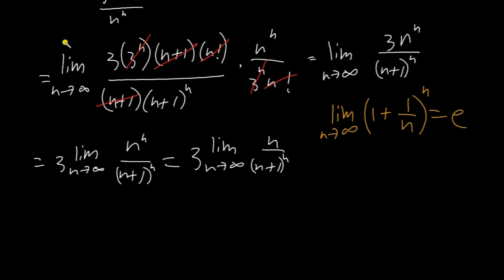Actually, hang on, I wrote this wrong. Let me fix that real quick. So this should be like that. No, my bad. So anyways, we have this limit here, and notice how this limit and this limit look kind of similar, don't they? So we want to try to get this into this form.